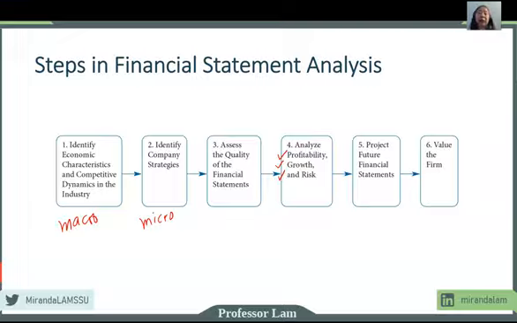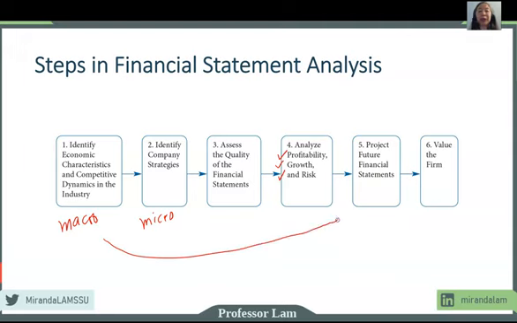And then finally, we're going to use that information, and this is something unique about this class. So far we are looking at publicly available information, we're looking at historic information, but now we have to use all the information that we have gathered.